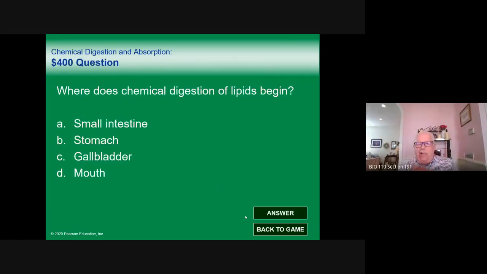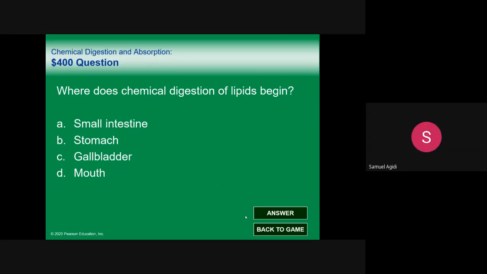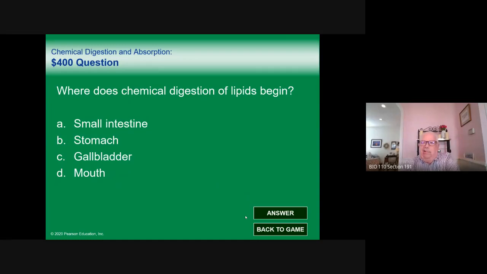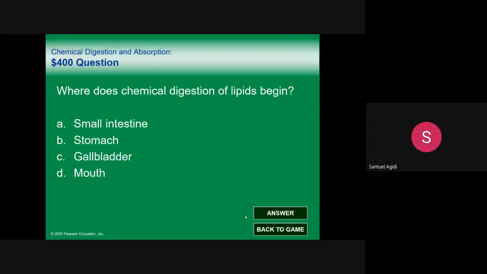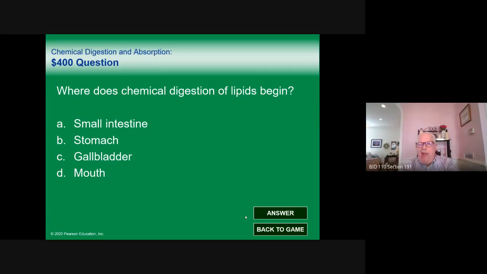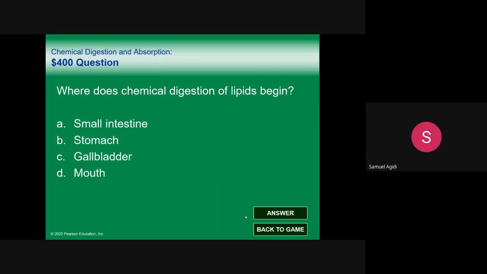Where does chemical digestion of lipids begin? Yikes. Oh, I'm going to ask this question or something similar to it. I guarantee it. The answer is D. B as in boy? No, D. D as in Damon.